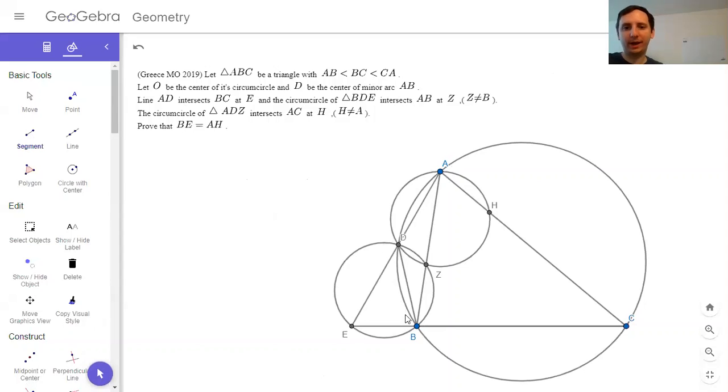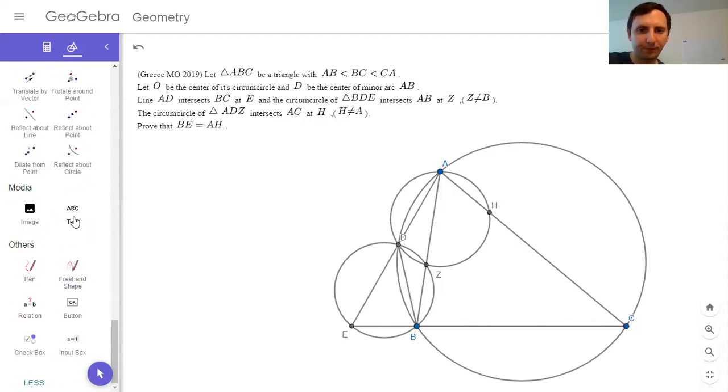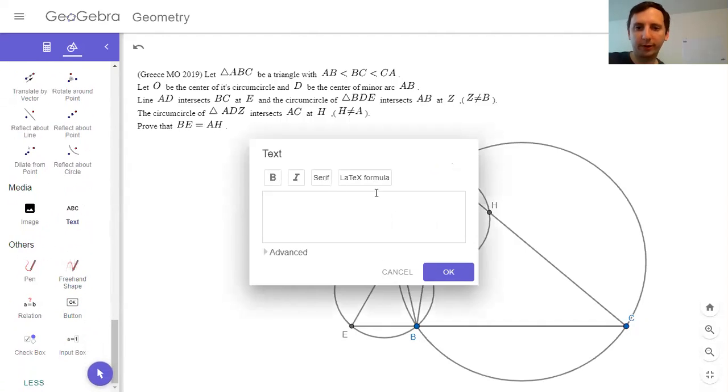So we want to show ADH and DBE are congruent, and we can try to use side angle side, or actually angle side angle is better. So clearly we have DA equals DB.